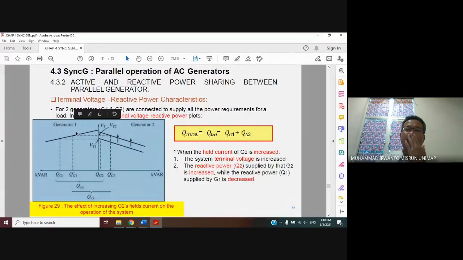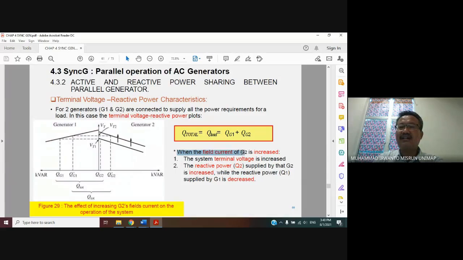Remember, reactive power relates to the terminal voltage, which relates to the field current. When the field current of G2 is increased, the system terminal voltage is increased. So the reactive power Q2 supplied by generator 2 increases, while the reactive power Q1 supplied by G1 is decreased. The condition is the same as the illustration for frequency related to active power.